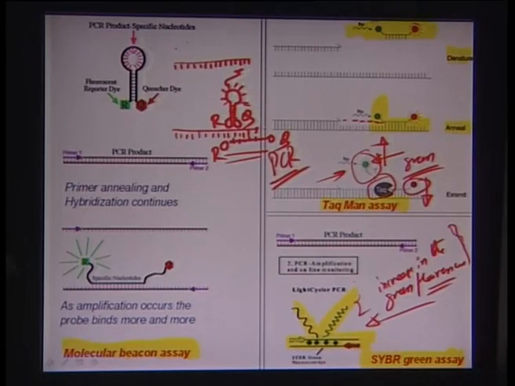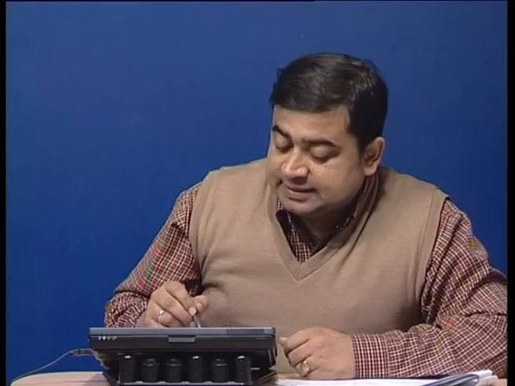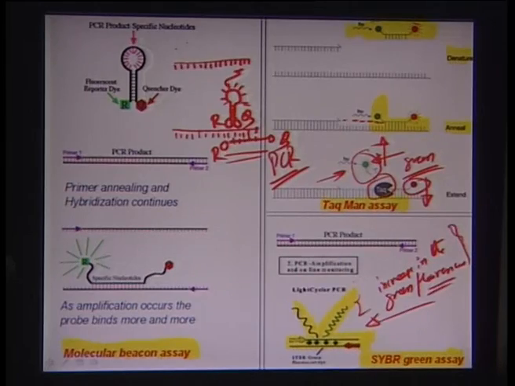Because of the separation there is a growth in the reporter signal, because the quencher is now far away from the reporter, and that is what would define the success or failure of the PCR process. So if the loop part of the molecular beacon bonds, it opens the loop up.